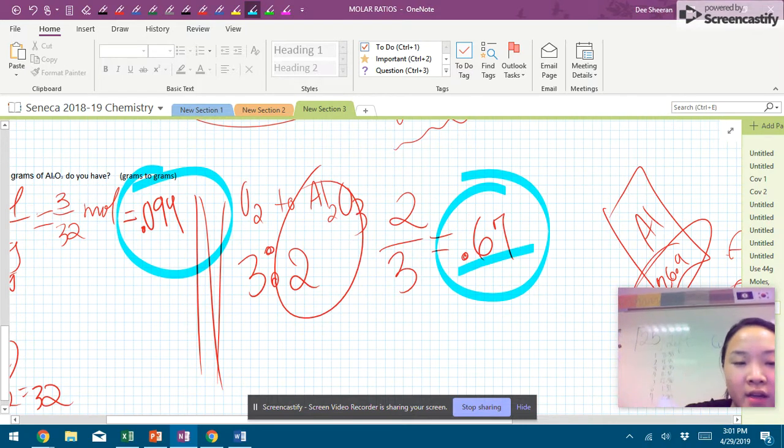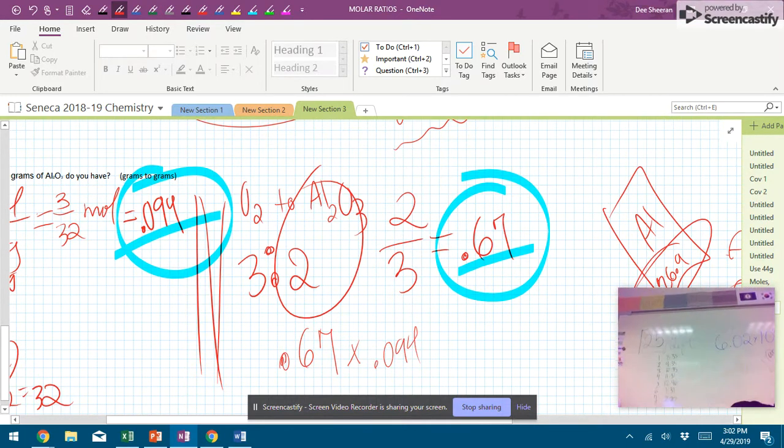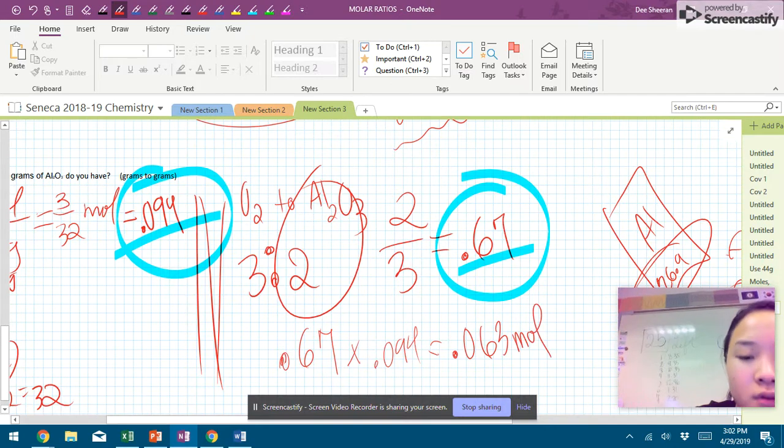Multiply this product by this quotient. 0.67 times 0.094, and this will give you a relatively small number. Equals 0.063, and this is in moles.